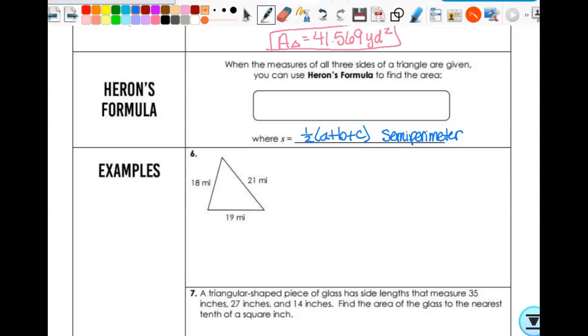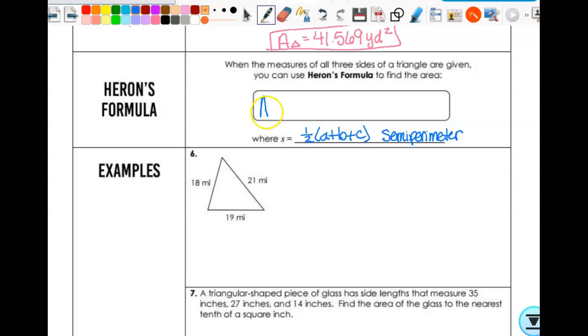Y'all know that I find it very important that you understand where things come from, and I want to show you how we derive things. I'm not showing you this one. If you want to know where this one comes from and why, it's on YouTube. There are some very good explanations, but they're kind of long, and it's crazy algebra. But if that interests you, you can see that Heron didn't just make something up. It actually works.